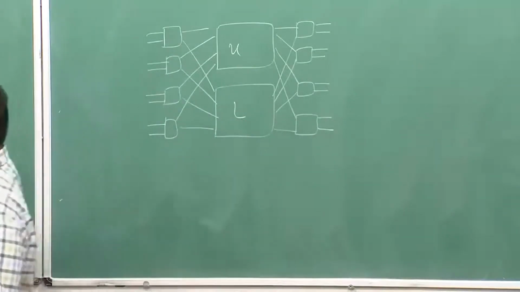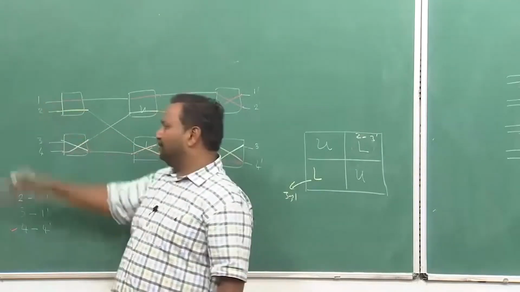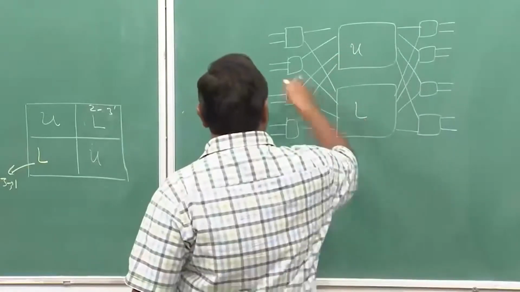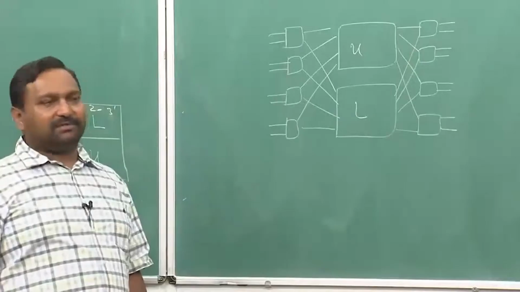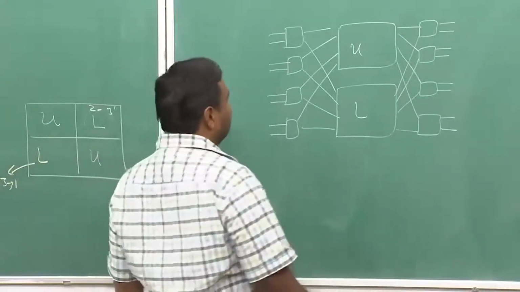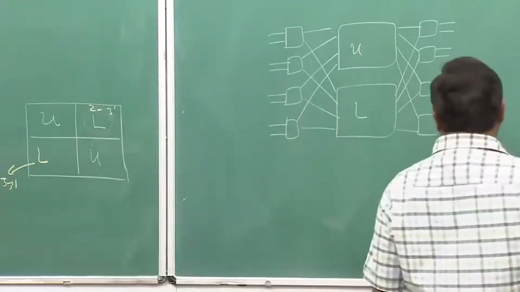This also satisfies that R2 is greater than or equal to 2, that is, M1 or N3. Here also R2 is greater than or equal to the incoming or outgoing ports in the first or third stage, which is 2. So if you want to set up some arbitrary connection, I can again use the same thing.